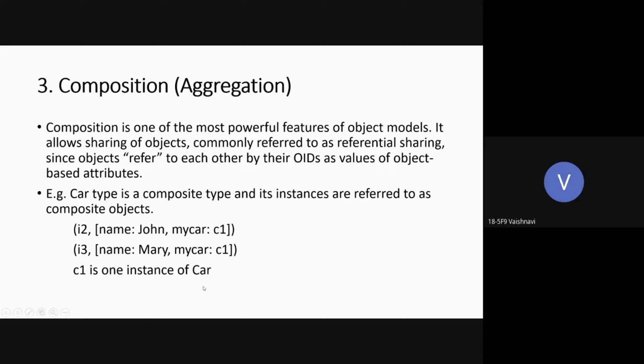C1 is one instance of a car. I mean, it is referencing to that part. So we can say that no one would expect in real life for tires to be used on multiple vehicles at the same time, right? So we cannot have C1 here and C2 here.